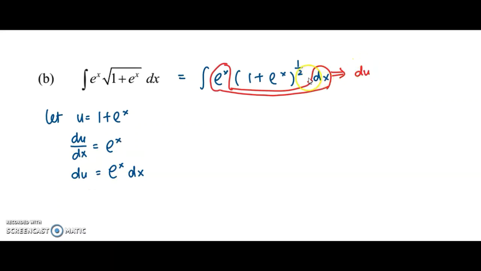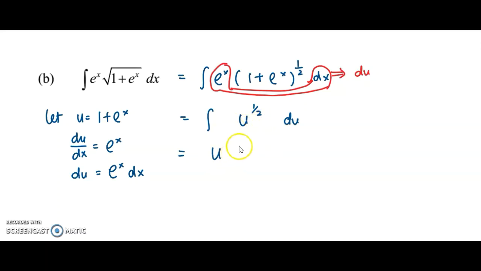So I know that later on, my question will become the integral of u to the power of 1 over 2 with respect to u. See, from the complicated function, I have made it so simple to integrate, just using the basic rule of integration.